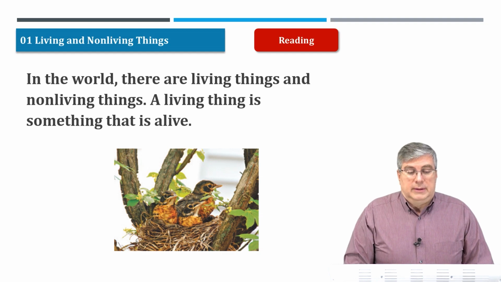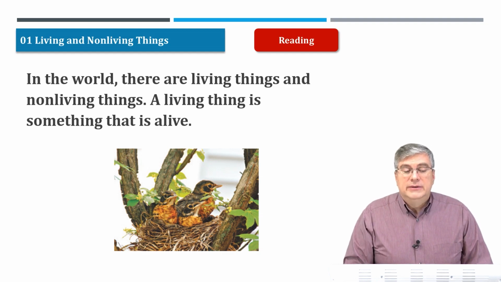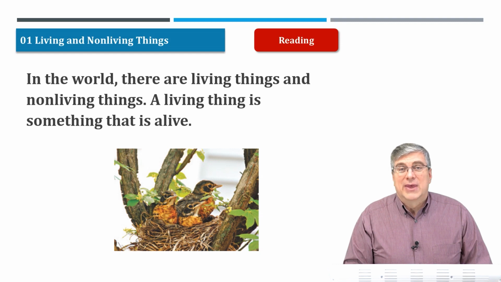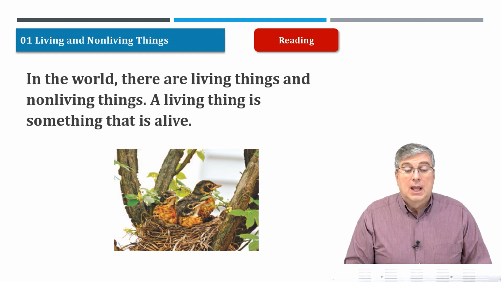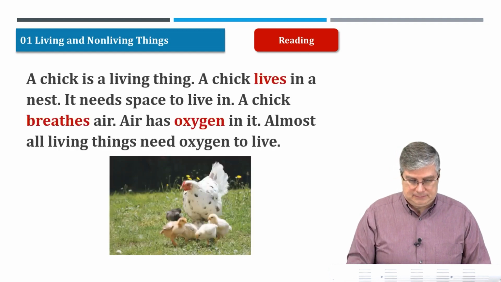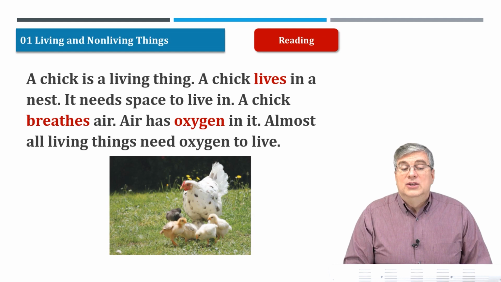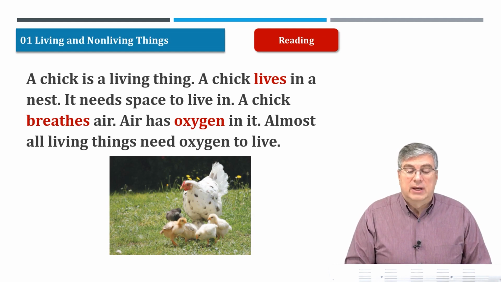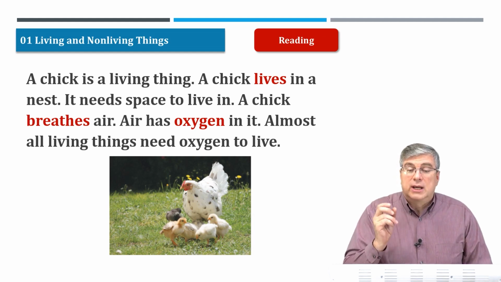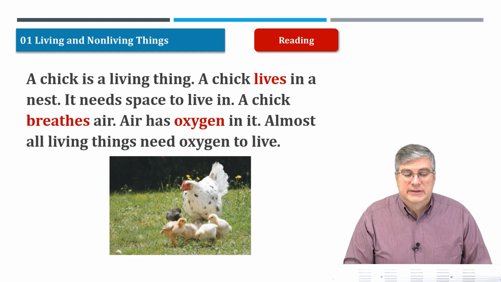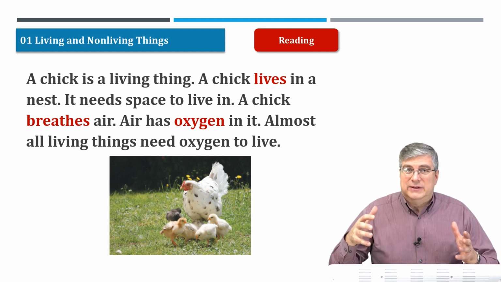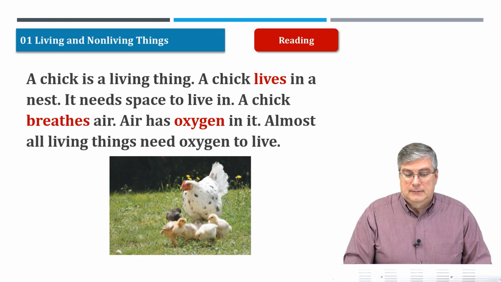In the world, there are living things and non-living things. A living thing is something that is alive. A chick is a living thing. A chick lives in a nest. It needs space to live in.